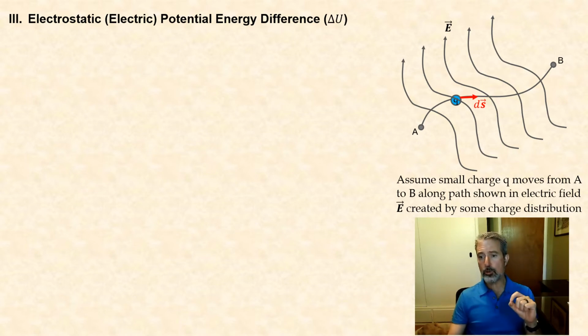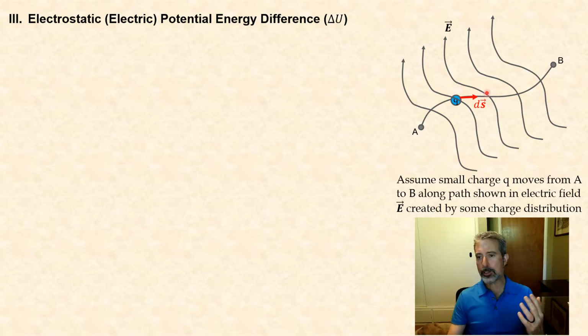So let's assume that a small charge, which we can represent by Q, moves from point A, which I'm showing you here, to point B along this path, in a region where there happens to be an electric field that is created by some charge distribution. Now, true, I'm not showing you what that charge distribution looks like. That's irrelevant so long as we know what the field looks like.